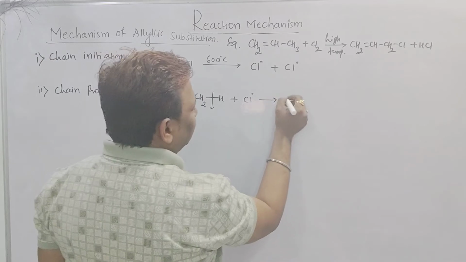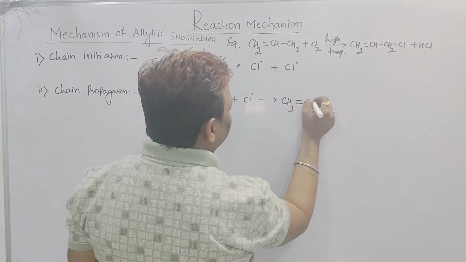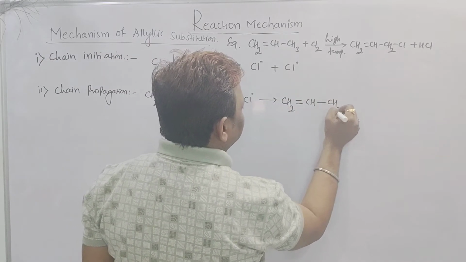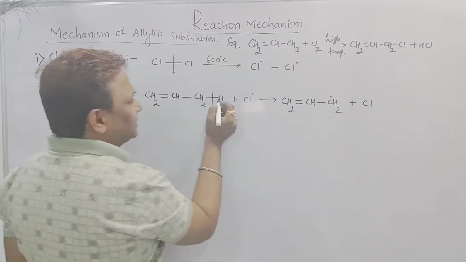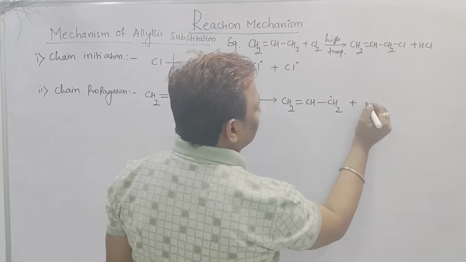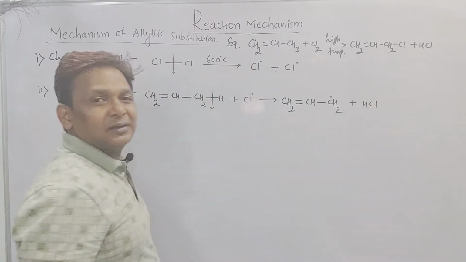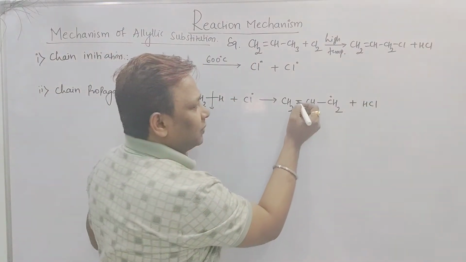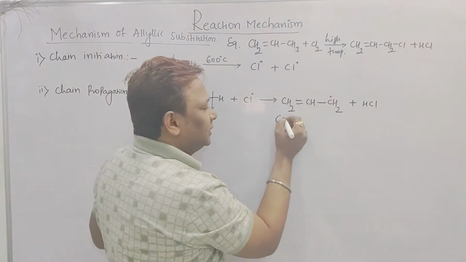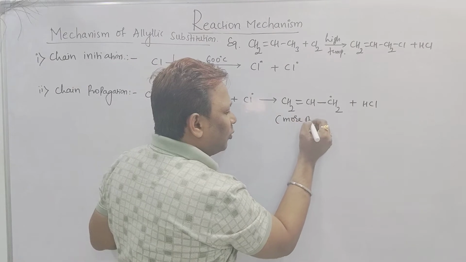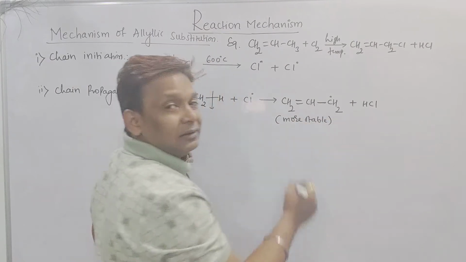I'll show you. It is CH2=CH-CH2 radical, and the H radical and Cl radical together form HCl. See, beta, it has resonance also. Pi bond, sigma bond, radical: because of the resonance it is considered a more stable free radical.